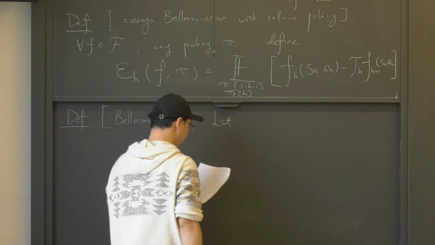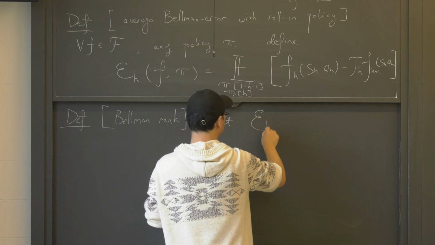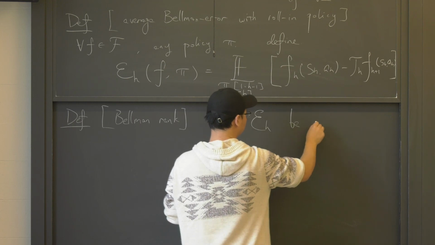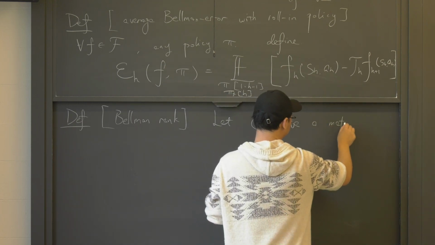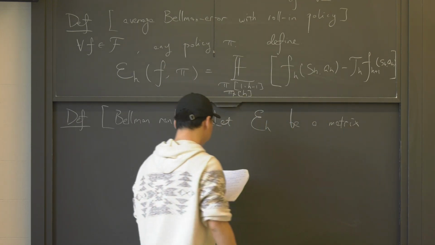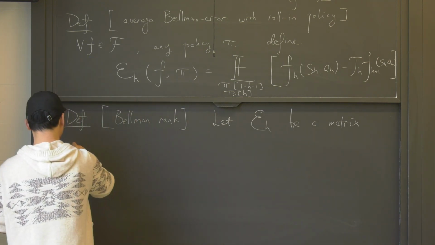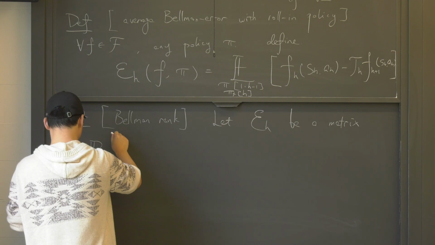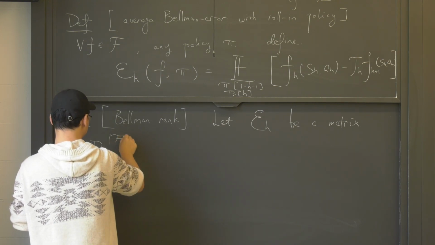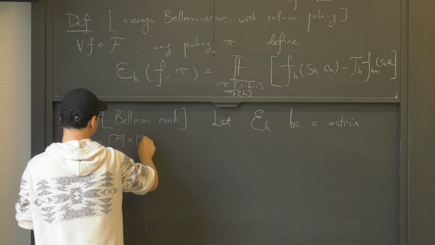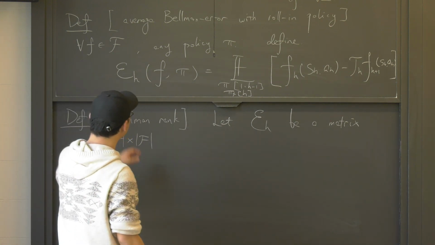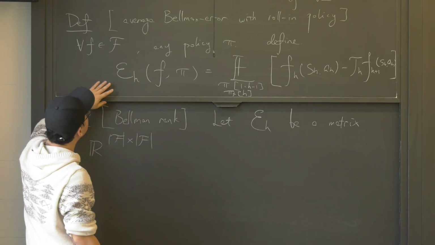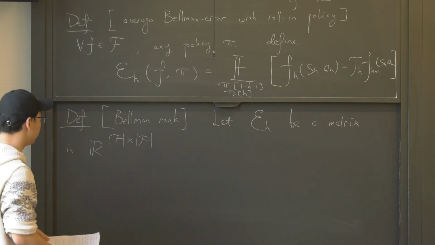Let epsilon_h be the matrix in R^{|F| by |F|}. Essentially, we look at a matrix spanned by this average Bellman error quantity.